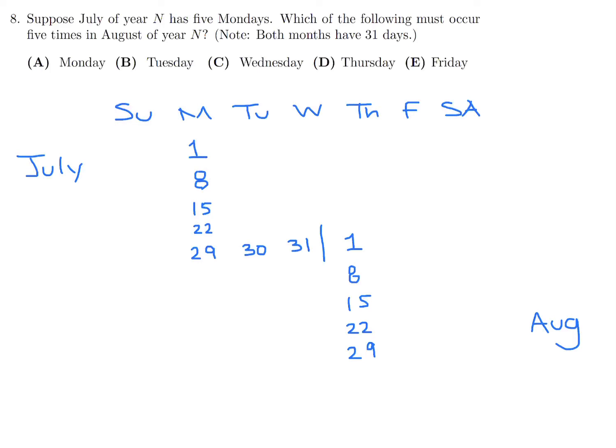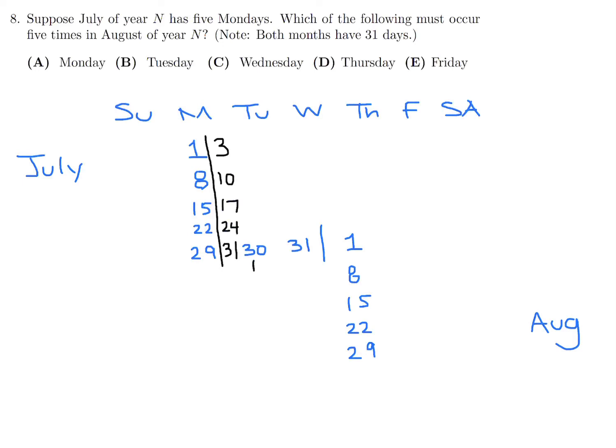And you say, okay, well, is there any trick to this? I don't think so. I think that's it. The only other alteration is if you shifted it and said, what if the third of the month is a Monday. Well, in that case, same story, just add 7. So you get 10, 17, 24, and 31.